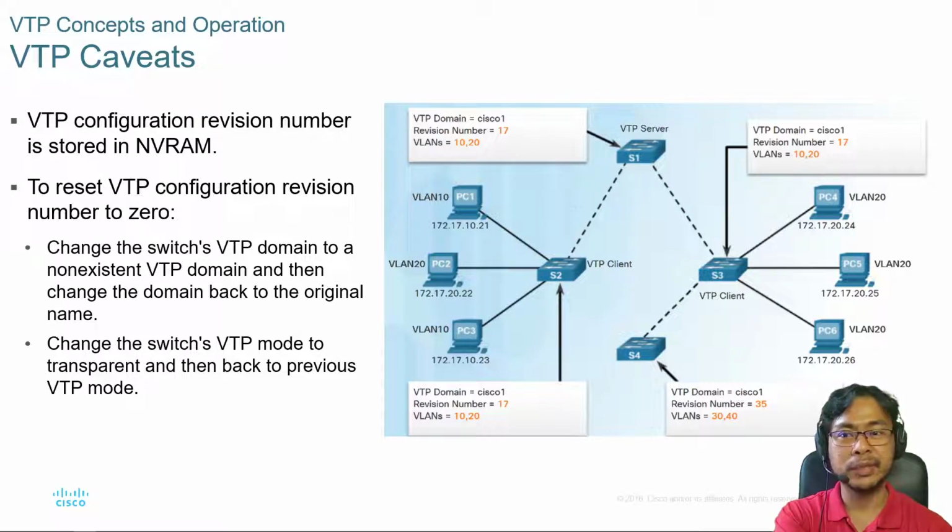After that, you switch back to the same domain name. Another way is you put it to transparent first, and then after that you put it back to the previous mode, if it's a server or if it's a client.